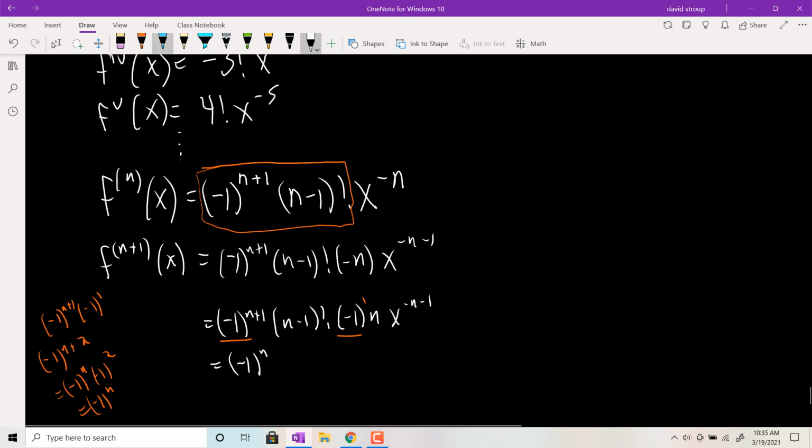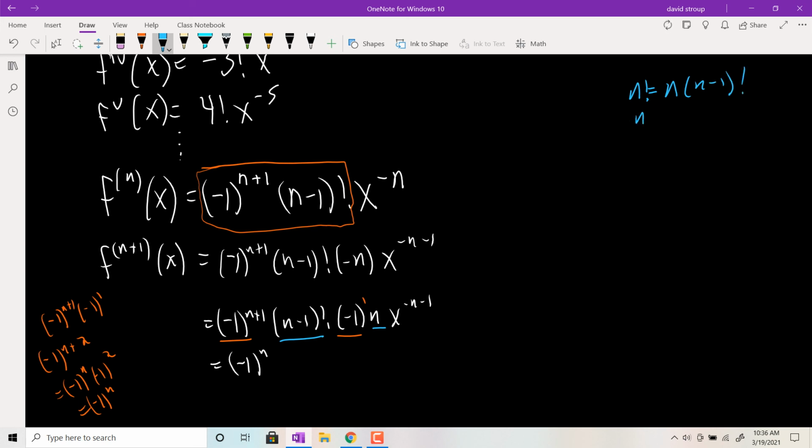And then we have n times n minus 1 factorial. Well, that's just n times n minus 1 times n minus 2 times n minus 3, and so on. That's just n factorial, right? Because we recall our recursive definition, n factorial is equal to n times n minus 1 factorial.